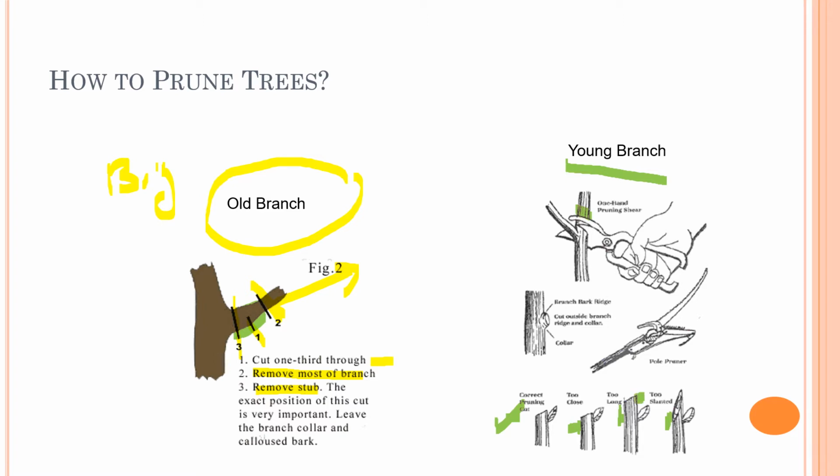Because if you leave these here, or cut very close here, you are basically damaging the branch, and this branch will also rot. It will cause rotting to these branches. So the correct pruning of younger branches is this one, and inshallah I will show you a video attached to this later on.